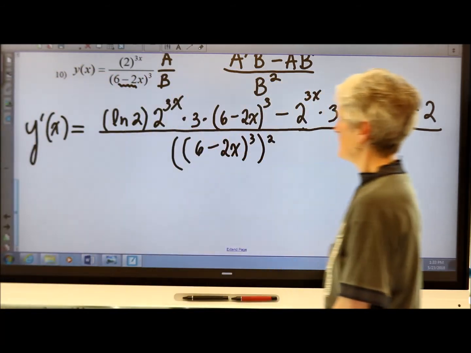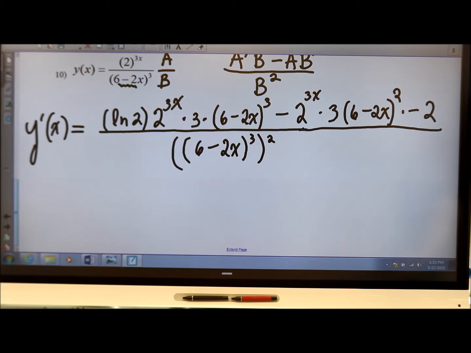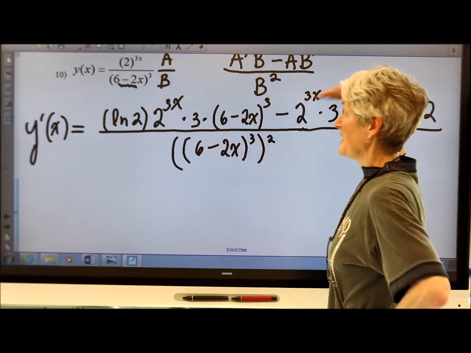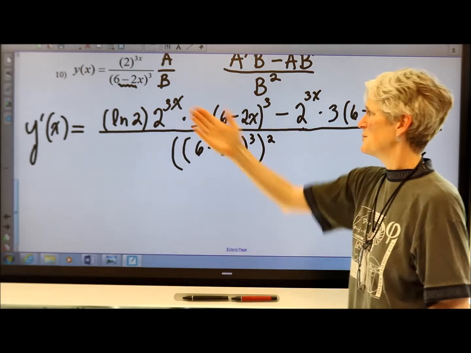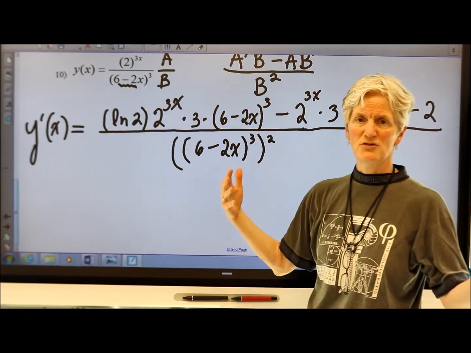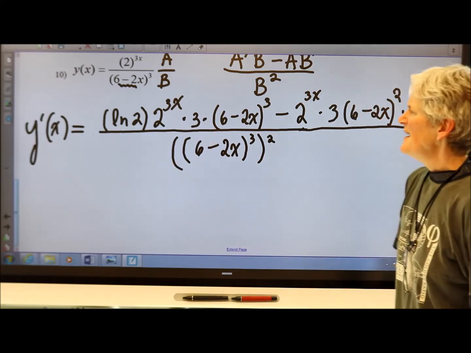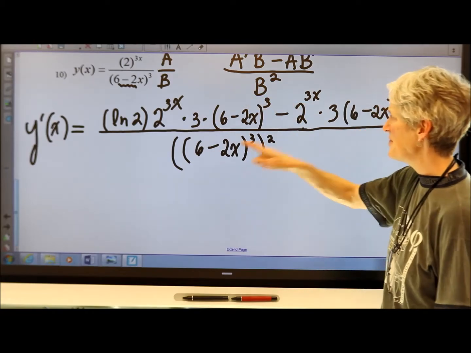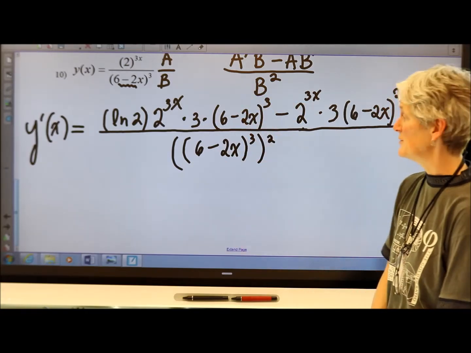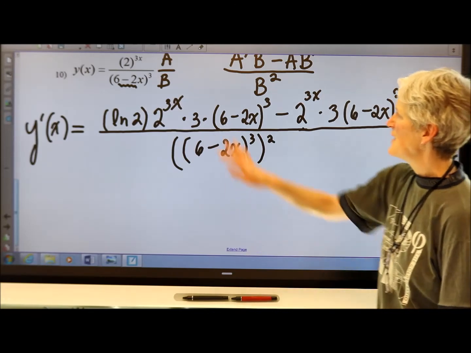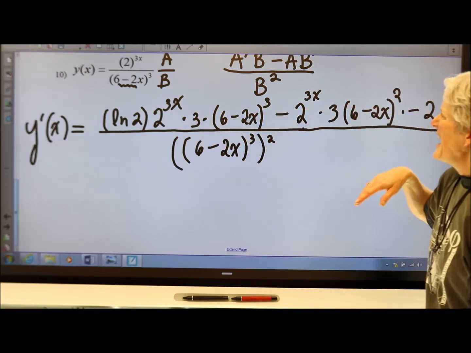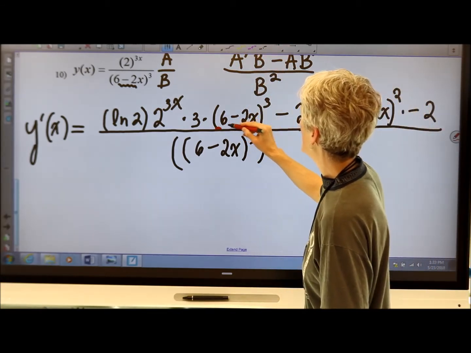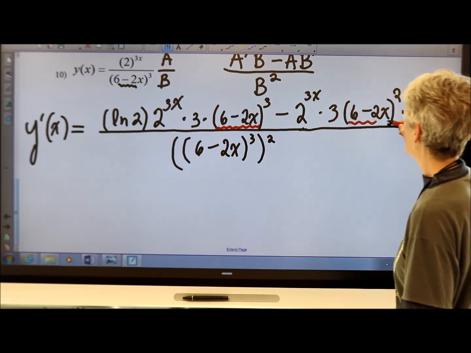So now, how to simplify this? Whenever you do the quotient rule, lots of times you can distribute things out in the numerator and combine like terms, but that's not going to happen here because I've got exponential functions and polynomials. The other way you can sometimes simplify is down to up. And I'm thinking I'm going to be able to simplify something down to up. I've got 2 terms in the numerator, and they both look like they have a 6 minus 2x.